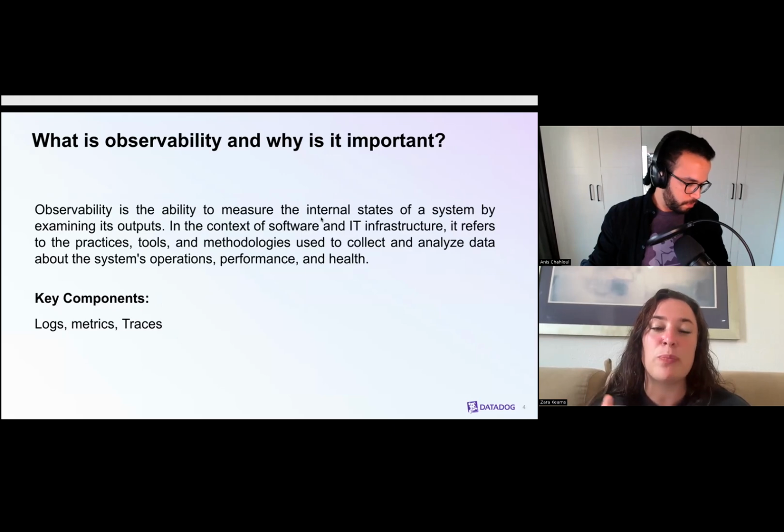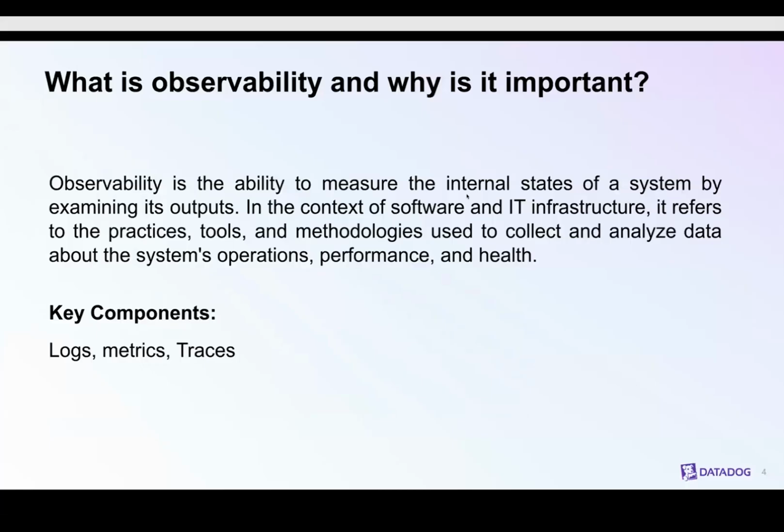It refers to the practices, tools, and methodologies used to collect and analyze data about the system's operations, performance, and health. I'm not sure what methodologies you tend to lean towards, but observability is a key component across each one. So the three main key components are obviously logs, metrics, and traces.